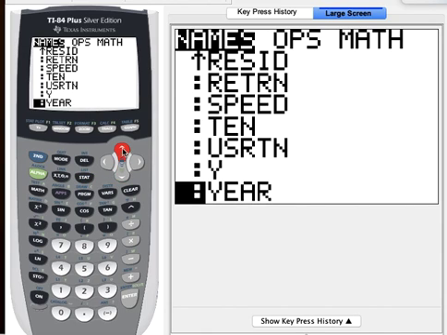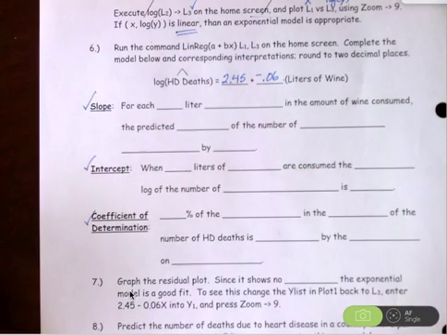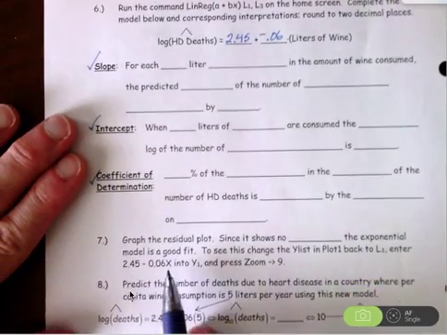Then I start from the top and I scroll up so that it takes me to the bottom. Here is the list resid, R-E-S-I-D. Those are the residuals. So if you store those residuals into your scatter plot, you can press zoom 9 now to actually see and interpret your residual plot as you're being asked to do in question number 7.